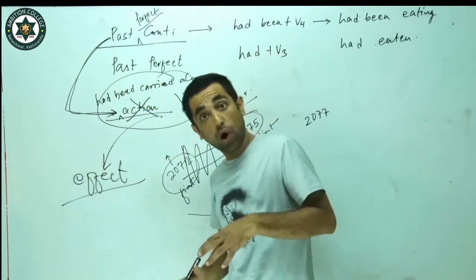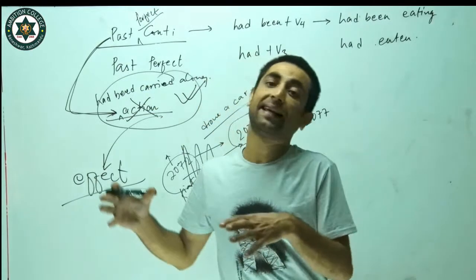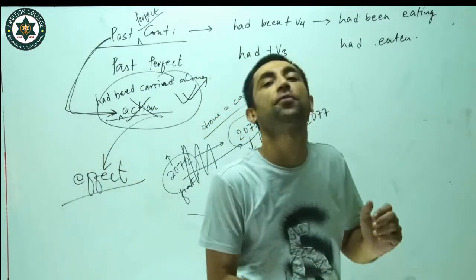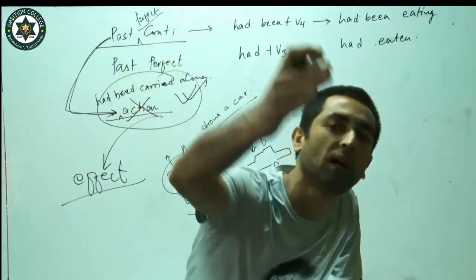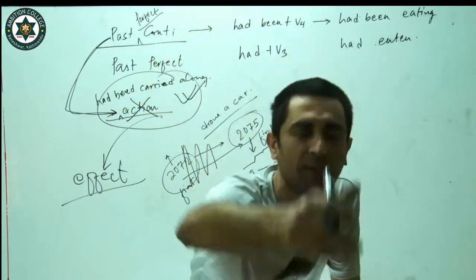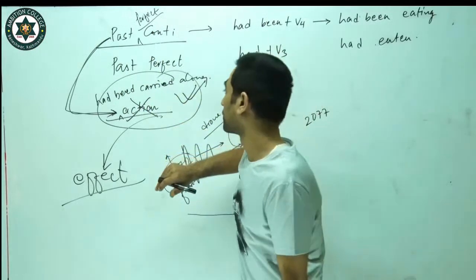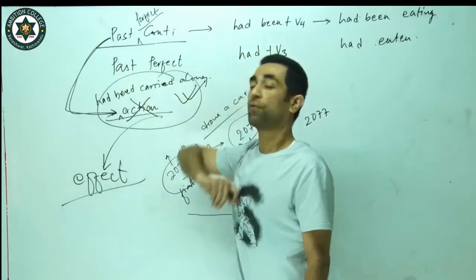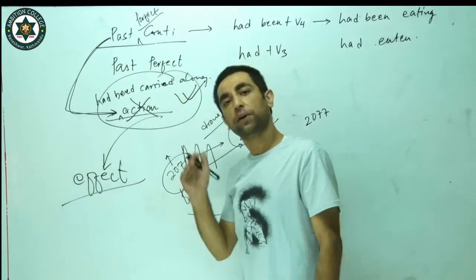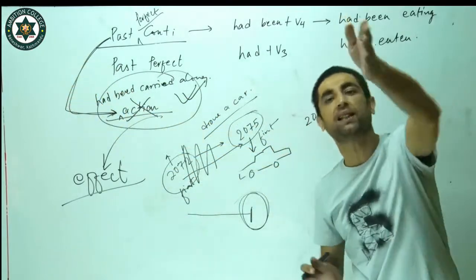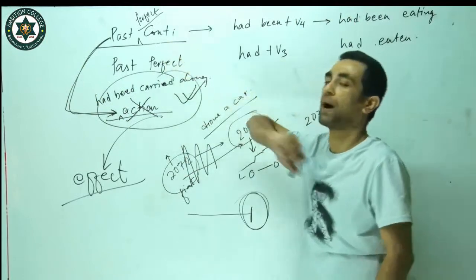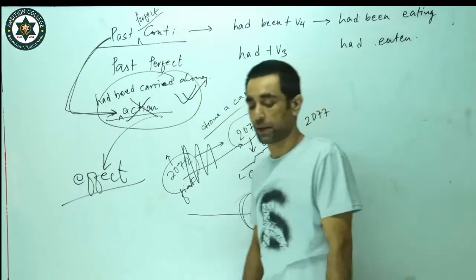perfect. So for the carrying on of the effects, if the effect had been carried along to the point of that time, we use past perfect tense. And if it is about the action that is being carried till the moment of time, we use past perfect continuous.